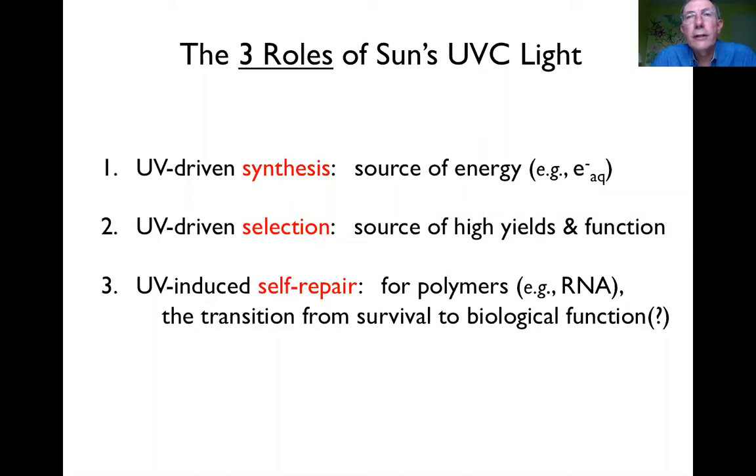Well, on the early Earth, there is no chemist to purify stuff. So what happens if you don't purify things? Well, your yields go down, but more important, you can't get function. Why? Because you get a mess. You get these isomers of the same building block that is going to end up in your RNA, but they're slightly different.